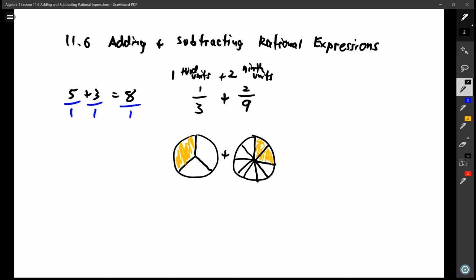So I need to get to where I'm dealing with the same units. I have 3rd units here and 9th units here. So we can take our 3rd units and cut each of these into 3 slices.